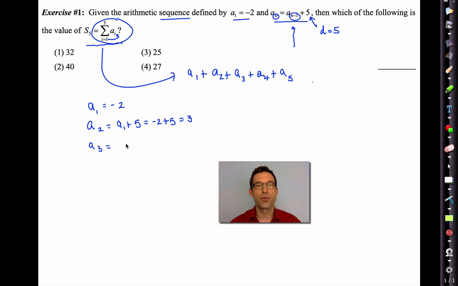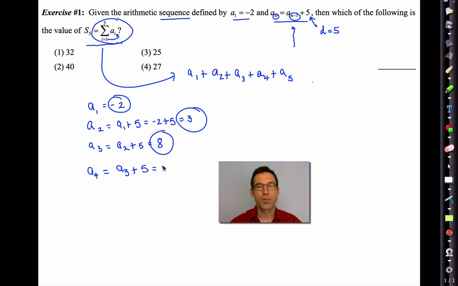And then A3 will be A2 plus 5. I'm going to skip some of the writing here. 3 plus 5 is 8. I'm going to circle the terms. All right. A4 will be A3 plus 5, which will be 13. And A5 will be A4 plus 5, which will be 18.